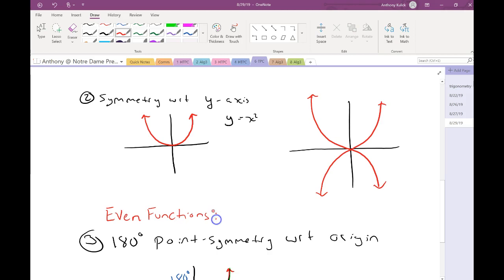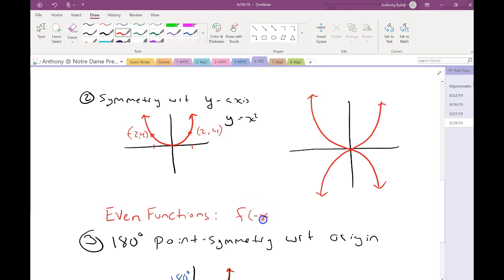We've seen graphically what we mean by symmetric about the y-axis. Algebraically, what we mean is that the y-coordinates from our negative x's should be the same as the y-coordinates from the positive x, right? That f of negative 2 should be the same as f of positive 2. Everybody agree with that? So again, if this is the point 2, 4, this should be the point negative 2, 4. Everybody kind of see that?